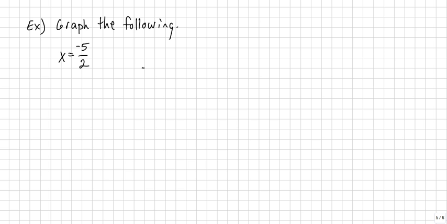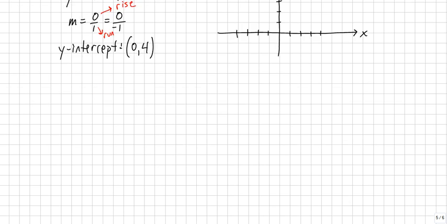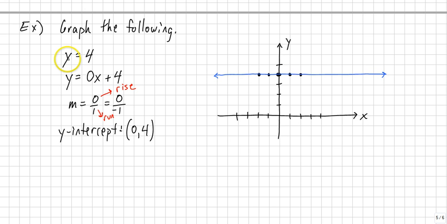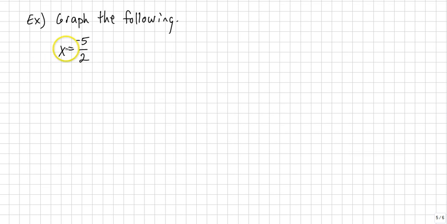What that means is since there is no y at all, it's very similar to the one we just did. When it was y equals 4, that means all of our solutions, all of our ordered pairs had to have a y value of 4. Well, down here, x equals negative 5 halves. That means that all our solutions have to have an x-coordinate of negative 5 halves.